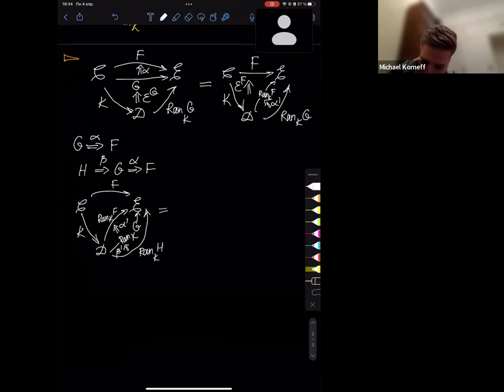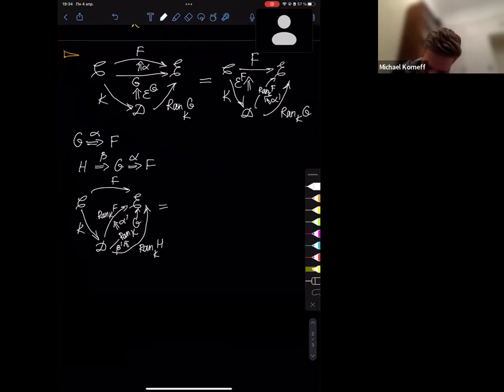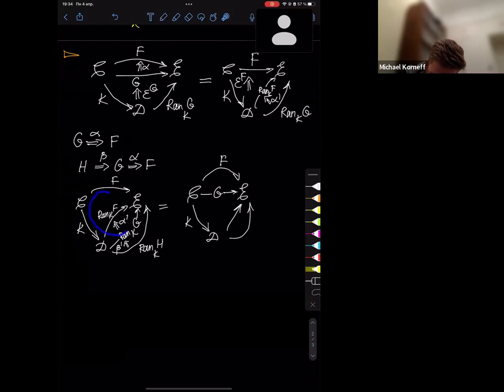And we have these relations by means of G, F, and now we have composed this.